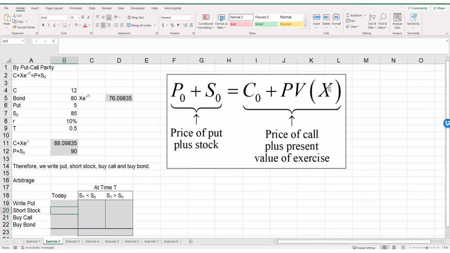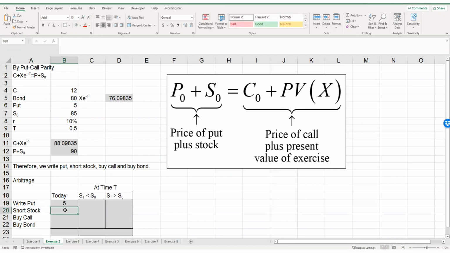And on the right-hand side, you want to buy the call, pay C0, and also pay the present value of X. For the first position, writing the put, you establish it today, so what you get is the put price.